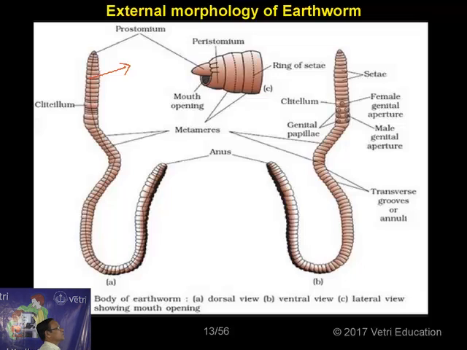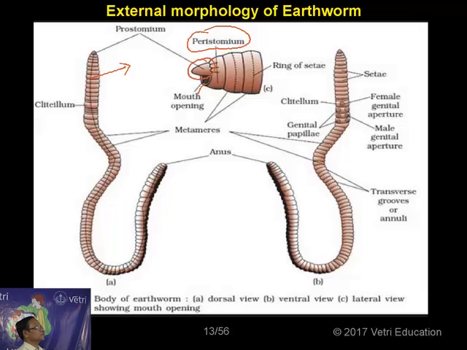The first segment is called the peristomium, and this is the lobe overhanging the mouth, a small lobe found in front of the mouth, having sensory function and also protecting the mouth.